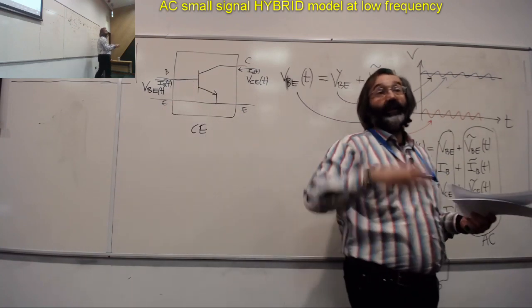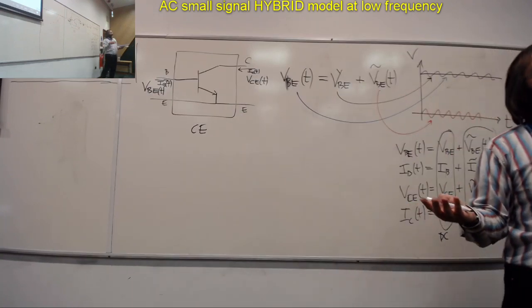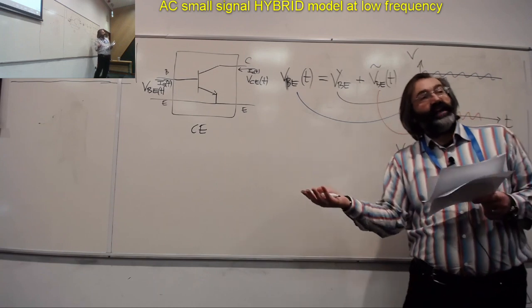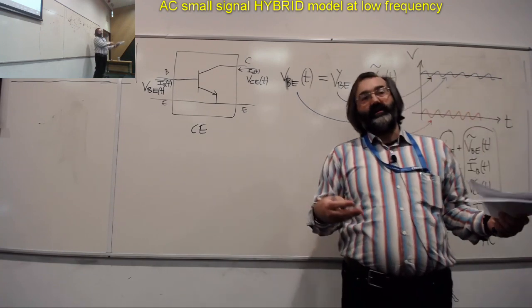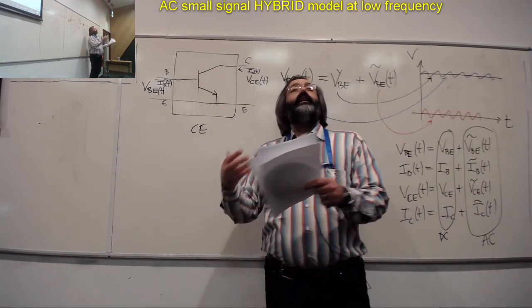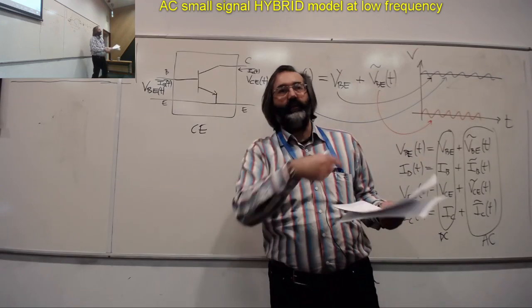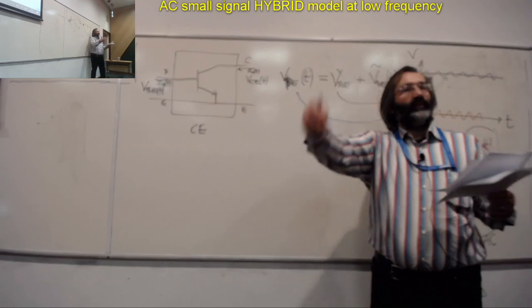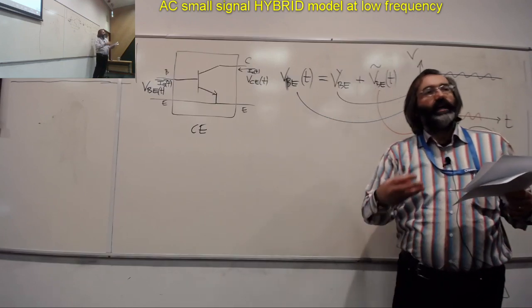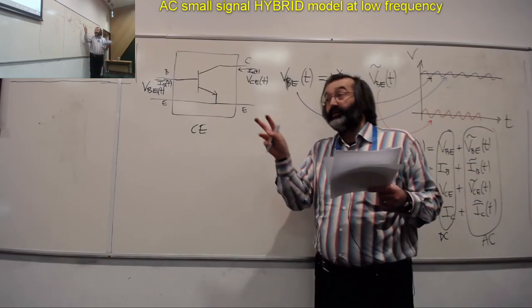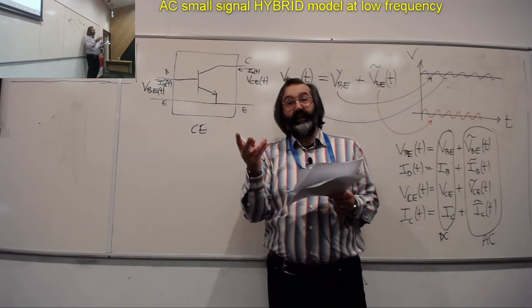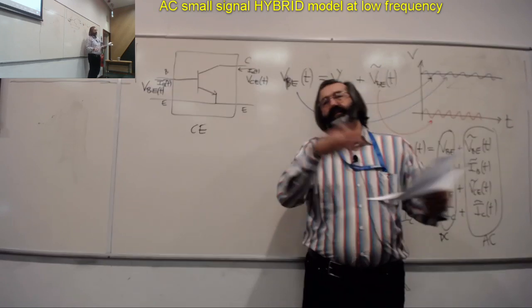So I could pick two of them that act as independent variables. The other two are dependent on the rest. And so, as we will see in a moment, I can use that to linearize the circuit. Depending on which two variables of these four I pick, the model takes a different name.